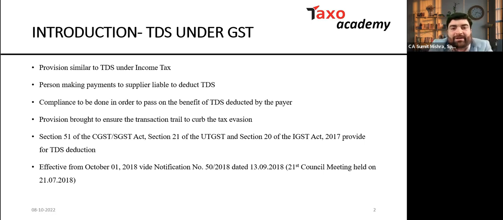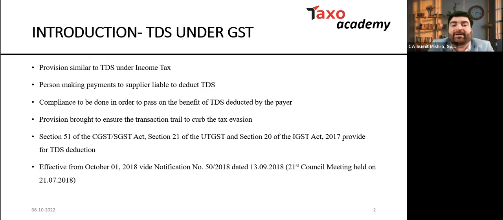TDS in itself means tax deducted at source. What does it mean? It is when the tax is deducted at the source point, at the place of origin.